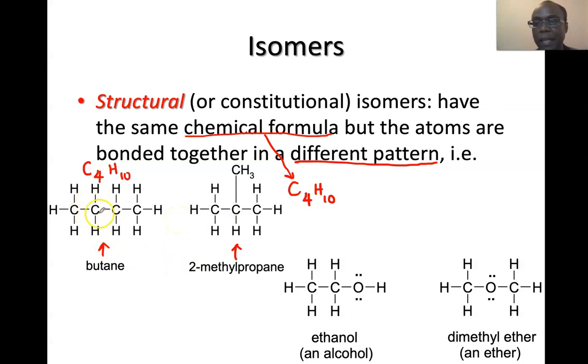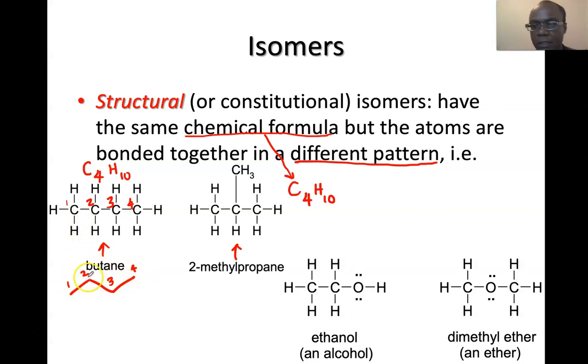Now, if I am to draw the line angle structure for butane, it's just going to be like that, where this will be carbon 1, this will be carbon 2, this will be carbon 3, and this will be carbon 4. The hydrogens are not shown, but to satisfy 8 electrons around each of these numbered carbons, you can tell that you'll need 4 bonds around each of these.